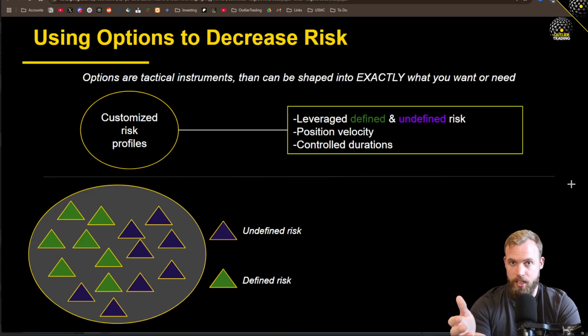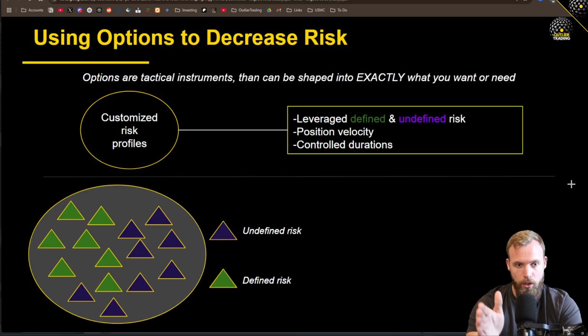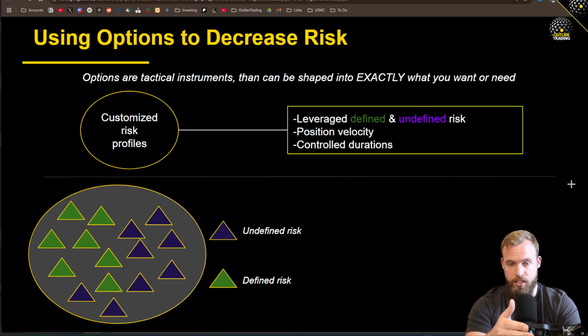So let's say, for example, the market's really volatile right now. Maybe you're stepping a little bit away from your undefined risk book. You're not selling as many naked short calls or naked short puts because the market just kind of goes haywire depending on what tweet comes out. So you just start spreading off your risk. You can't do that if you hold stock. So that is a key difference here.